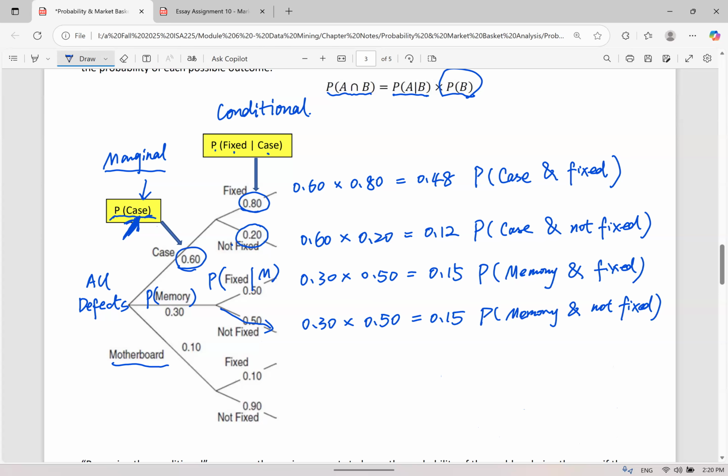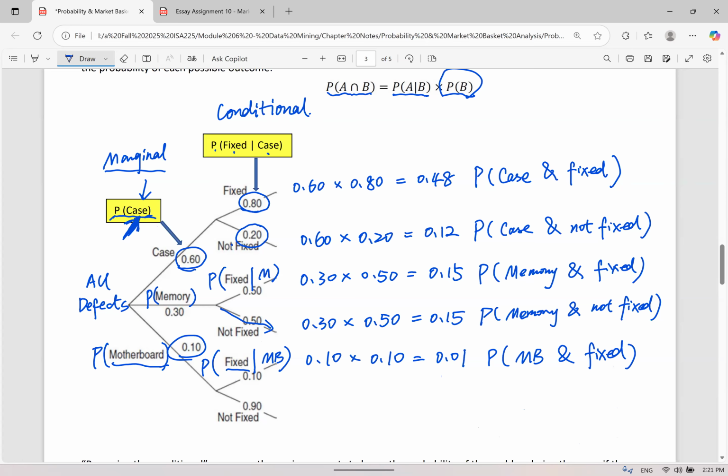All right, so now two more. The motherboard problem: this is the motherboard problem probability, and this is the probability that, given it is a motherboard problem, getting it fixed will be 0.1. So we have 0.1 times this conditional probability, and then we have a joint probability of 0.01, which is the probability that it is a motherboard problem and gets fixed.